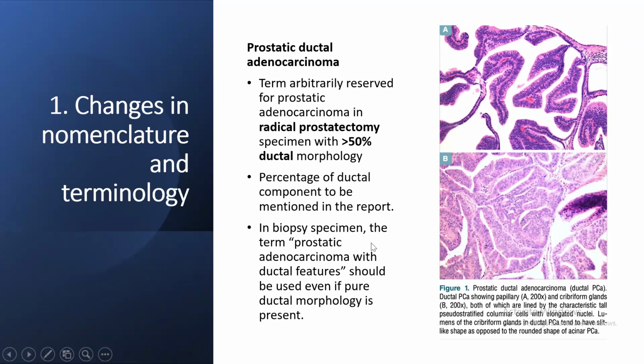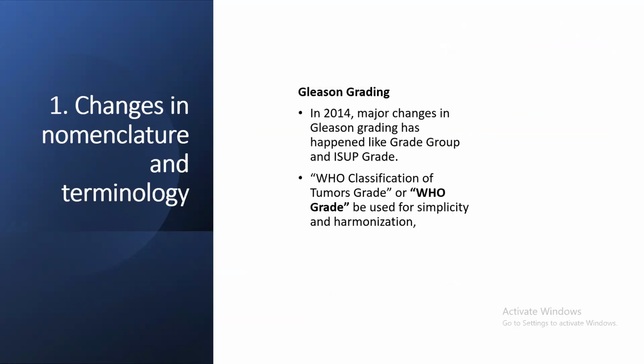In a biopsy, if we identify these elements, then we should use the terminology prostatic adenocarcinoma with ductal features. And then on radical specimens, we should try to identify it. Histologically, we can see tall columnar epithelium with abundant cytoplasm, and some stratification as well.